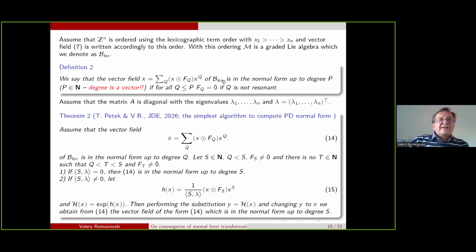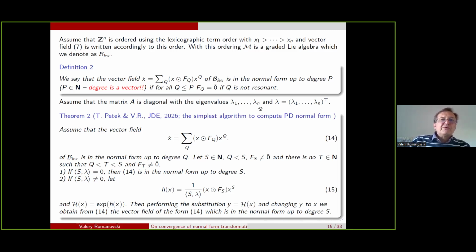And we say that a vector field from this Lie algebra is in the normal form up to degree p. So p again is a vector, if for all q less than p, f_q equals 0 if q is not resonant. So normal form contains all the resonant terms. All non-resonant terms are killed.